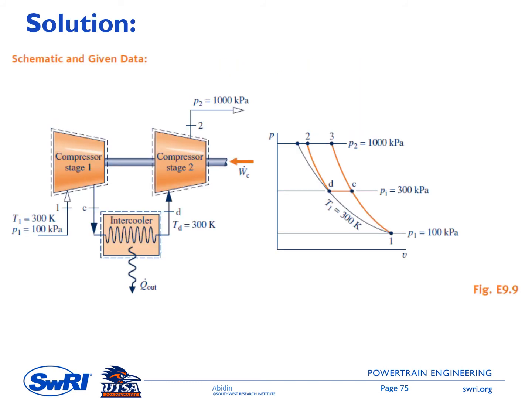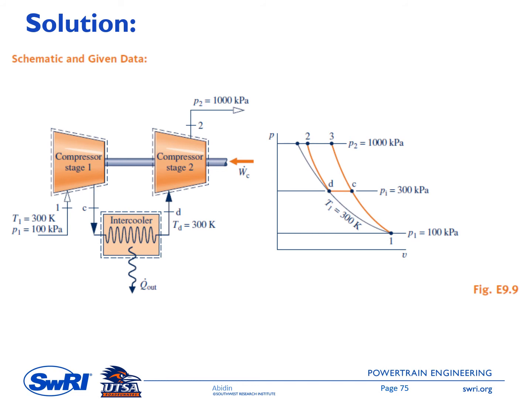On the left side is the schematic of the system. We have two compressors here, compressor stage 1 and stage 2, and in between there is an intercooler. This intercooler brings the temperature back to 300 Kelvin.